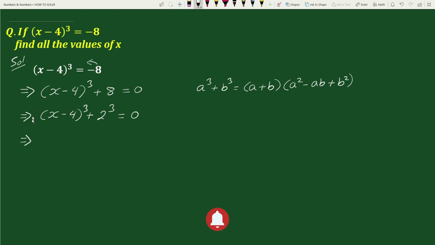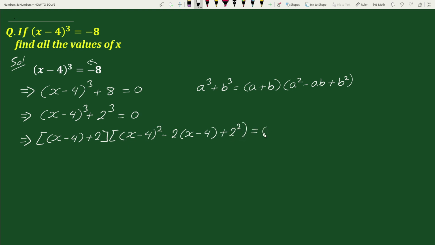So we can write this as (x − 4 + 2)((x − 4)² − 2(x − 4) + 2²) = 0.